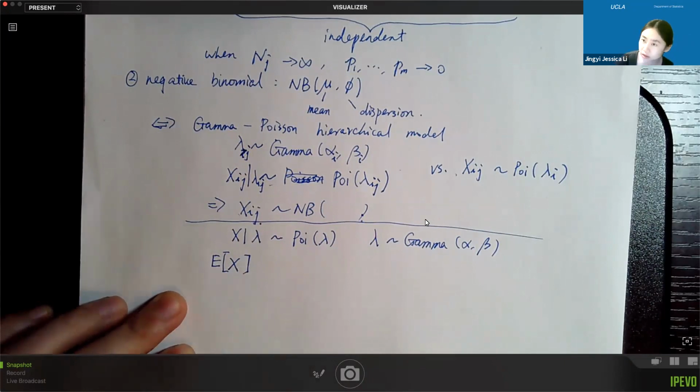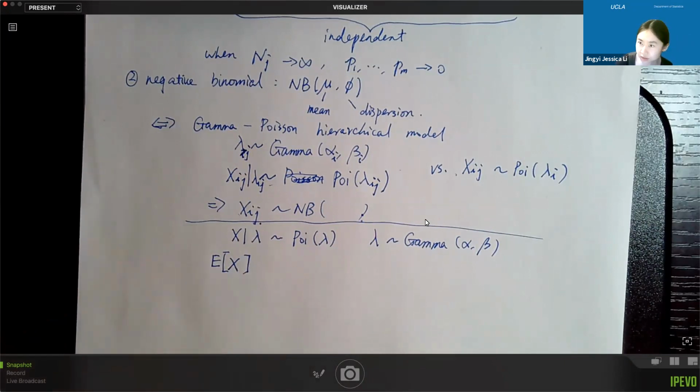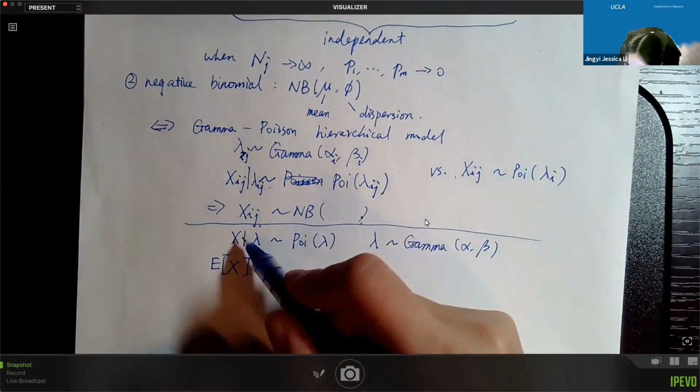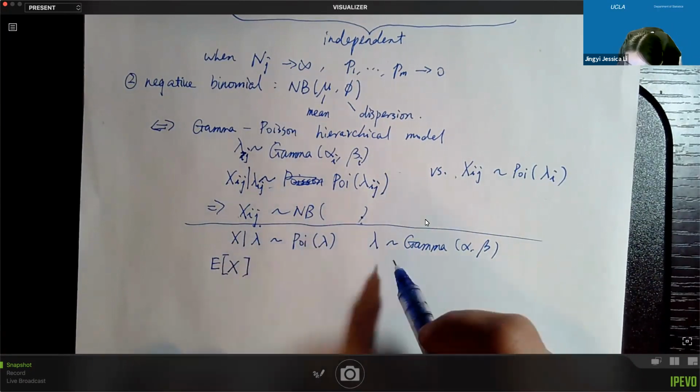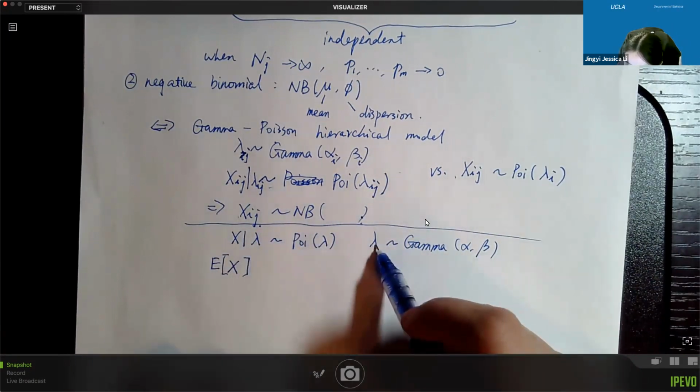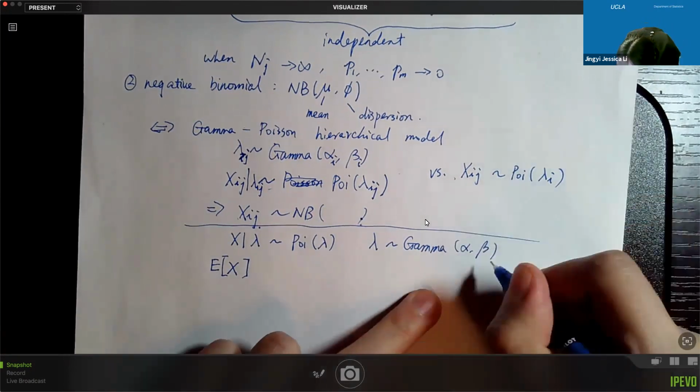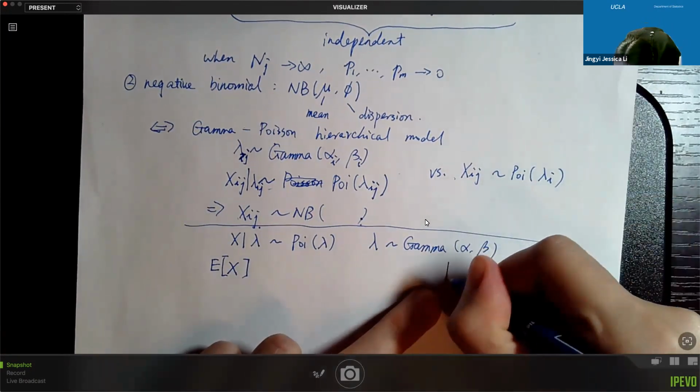How do we understand the marginal distribution? For the marginal distribution, we can use the joint distribution of X and lambda, taking that joint probability density. I'll write it here.